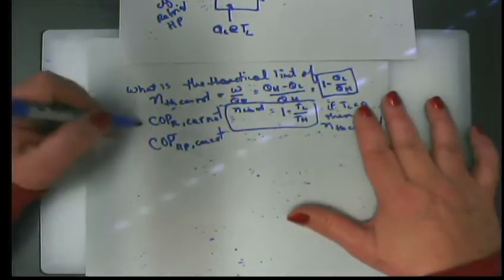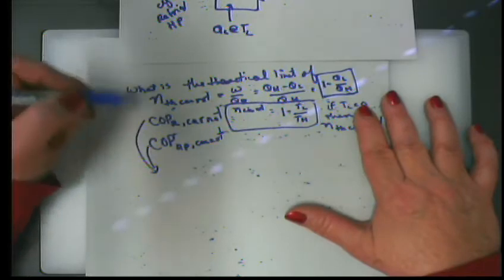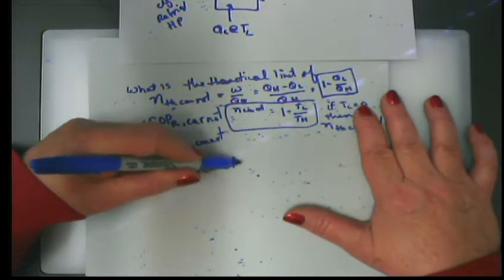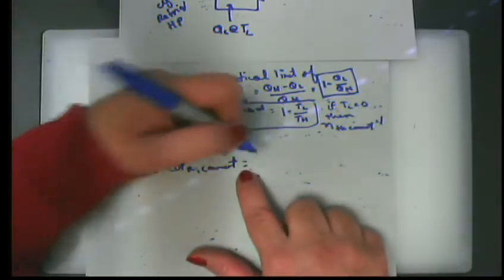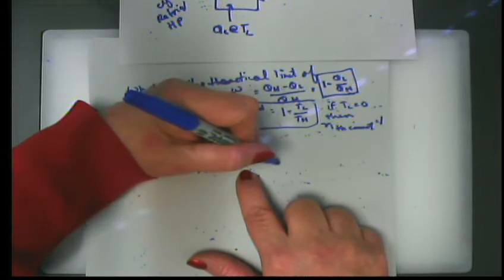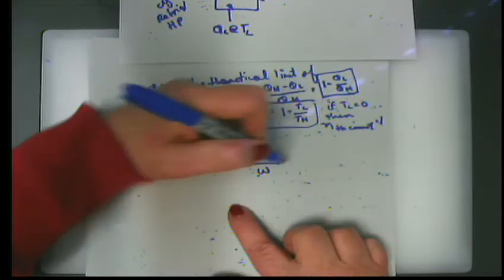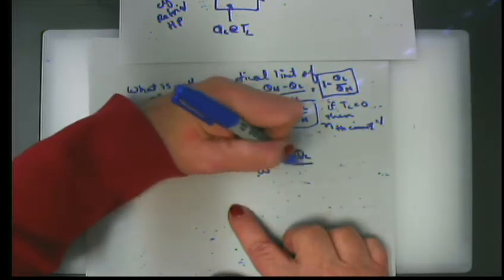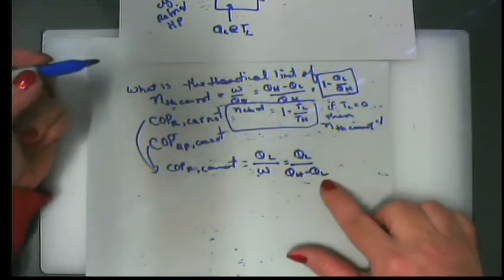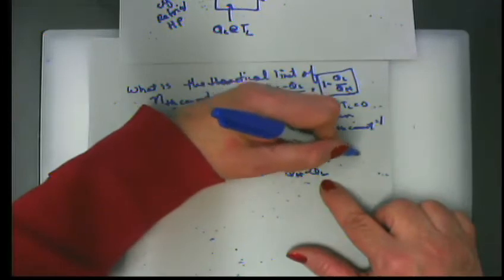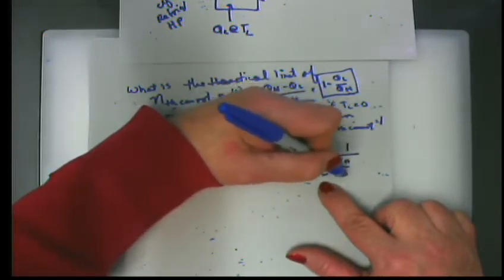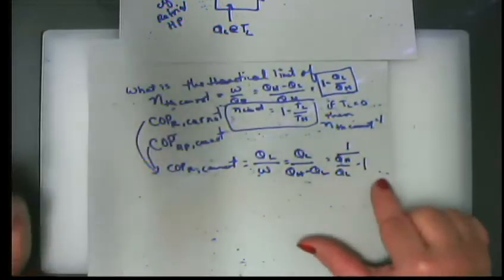All right, what about coefficient of performance? Well, the coefficient of performance for a refrigerator operating in a Carnot cycle is always, just like we said, what we're after, which is Q sub L over W, Q sub L over Q sub H minus Q sub L. And if I divide everything by Q sub L, I get 1 over Q sub H over Q sub L minus 1.